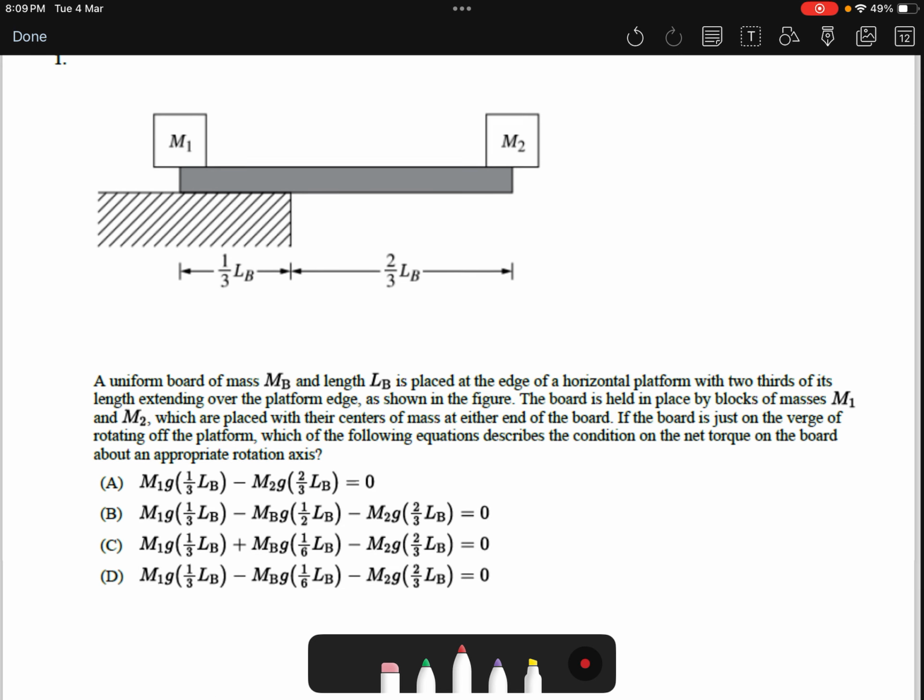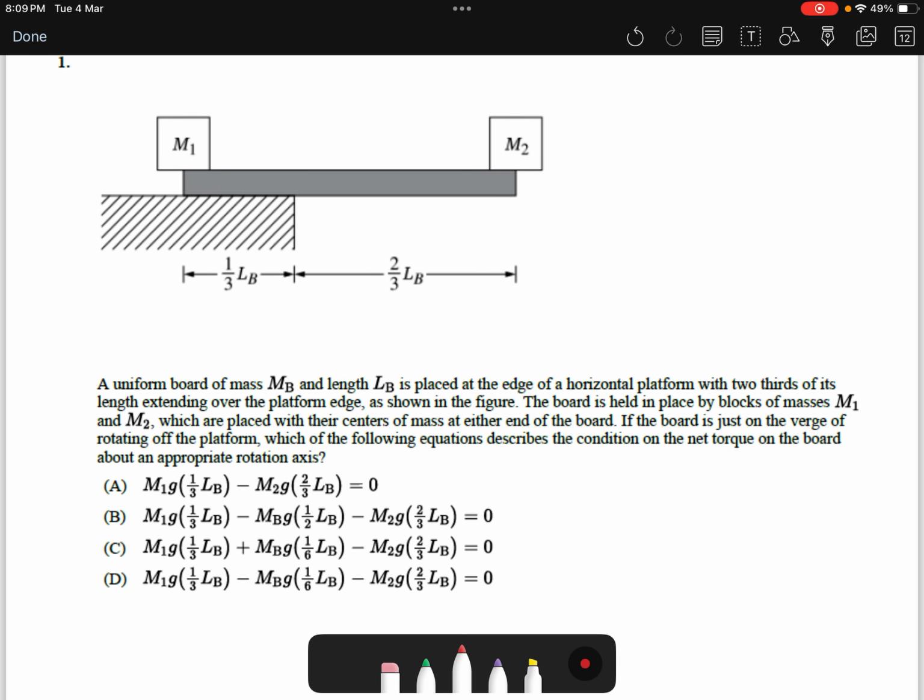5.5. Read the question, please. First question in 5.5. Okay, so here we need to determine which equation describes the condition of net torque on the board about the appropriate rotation axis.